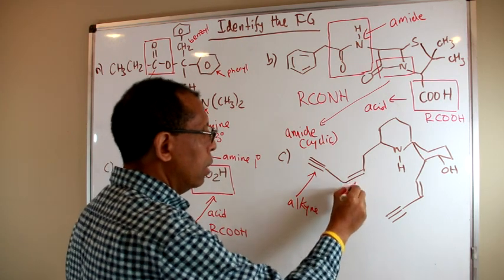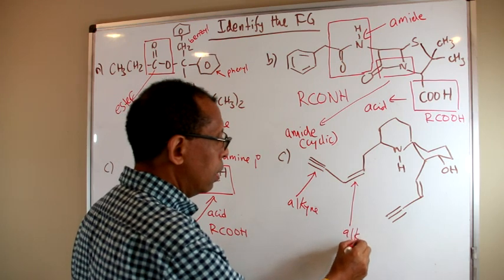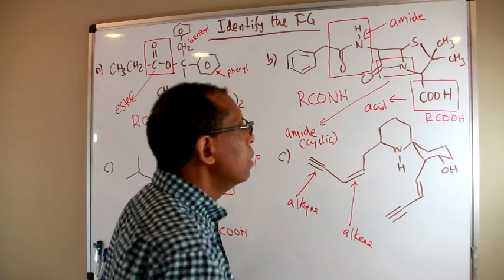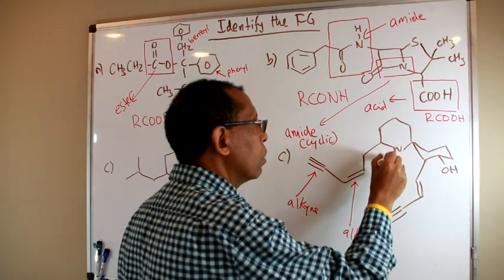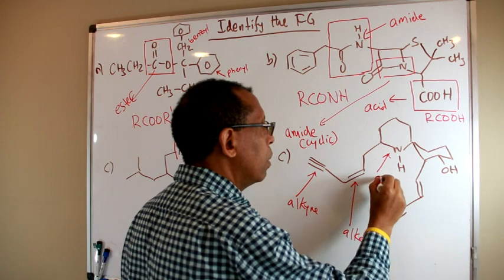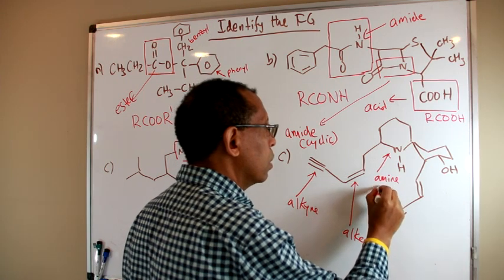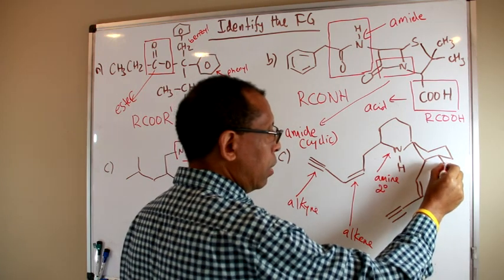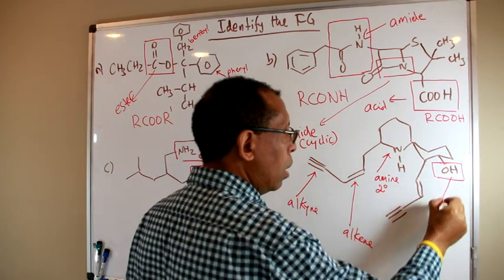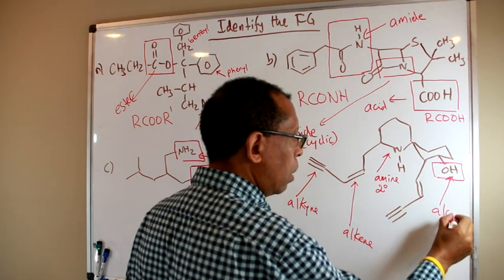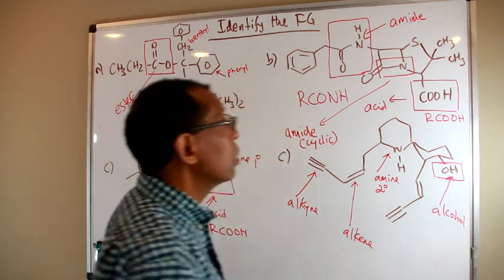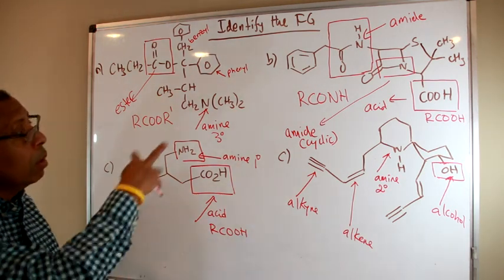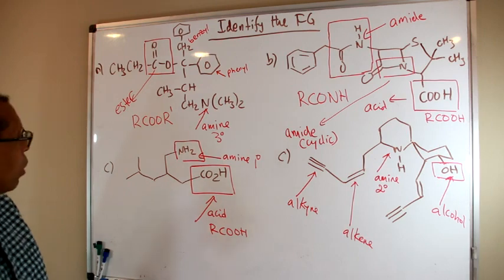You have an alkene, a double bond. Similarly, you have an alkene and alkyne, but here you have an amine group, which is a secondary amine, and here you have an alcohol. So basically, these are the functional groups presented in these four compounds.